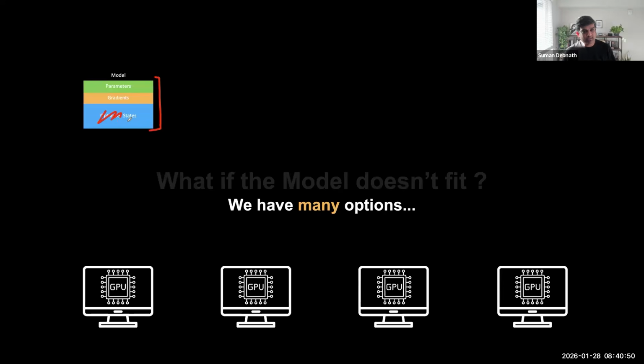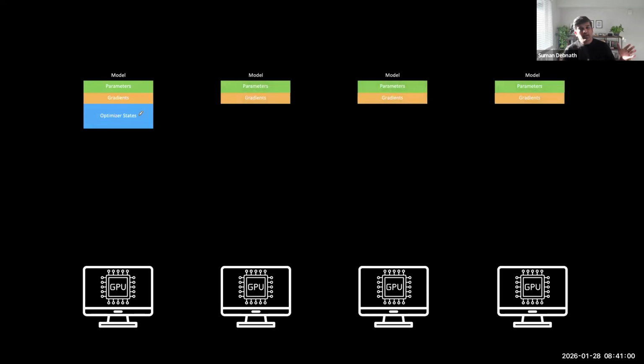And that is the optimizer state, because this takes the maximum amount of GPU memory. So we can keep the parameters and gradients the same in all the GPUs. That means we will have a copy of parameters and gradients, but the optimizer state we will shard.